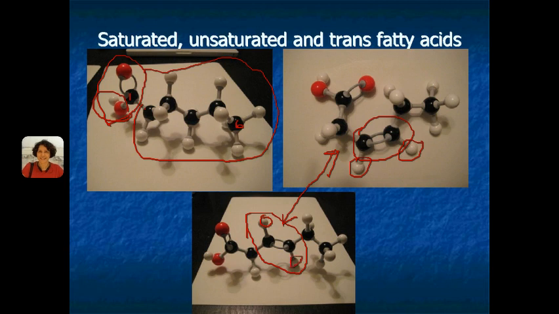And one thing that happens when you have a trans double bond is that the bend that we saw earlier, the big bend in this molecule, is straightened out. So this made it possible for food manufacturers to say that they were using unsaturated fatty acids, which were known to be healthy, but at the same time they would have properties similar to saturated fatty acids because they were straight molecules, and so they would be solid at room temperature.